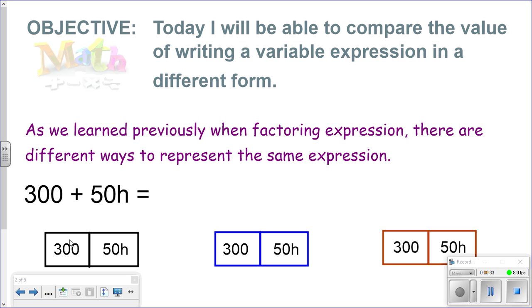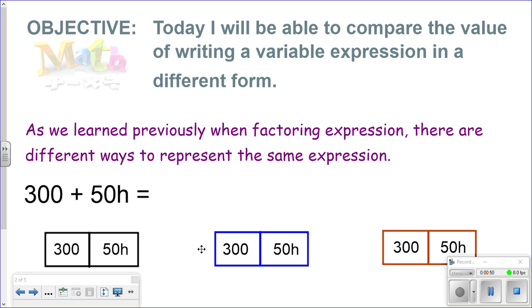Take, for example, this rectangle, whose product, the area, is 300 plus 50h. We could have two different factors that could be multiplied together, the length times the width, that could give us the area of 300 plus 50h.